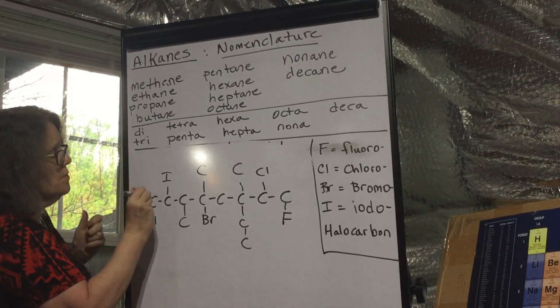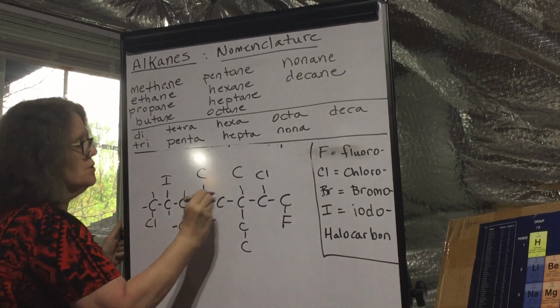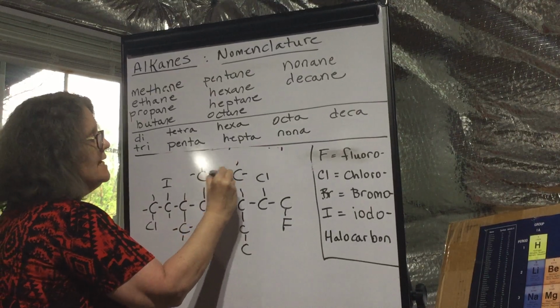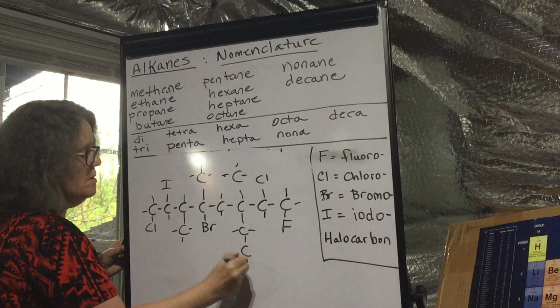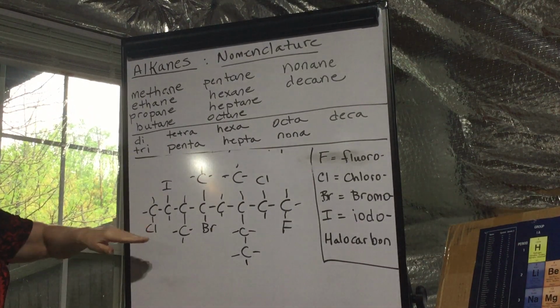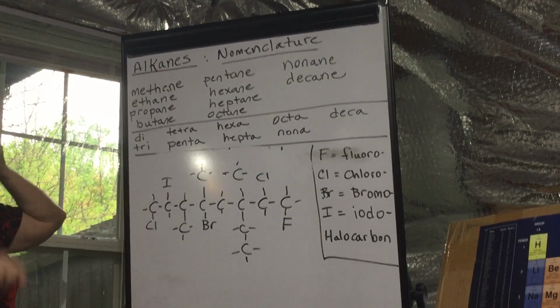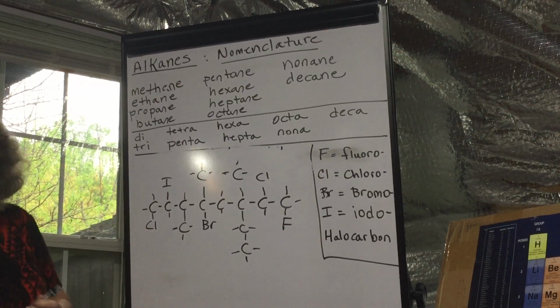We presume these all have H's, but sometimes it's easier to write it that way so you can see what everybody is. You presume all the correct number of hydrogens are in here, and that's the default. If it's not something like a Cl or a Br or some other side group, you presume that there's a hydrogen. So that was the skeletal.